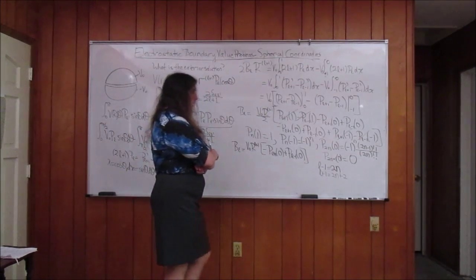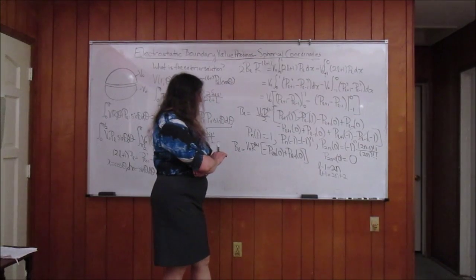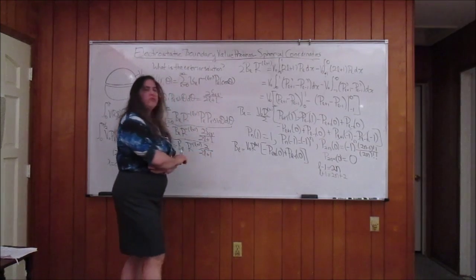So let's say I let L minus 1 equal 2n, and L plus 1 equal 2n plus 2. After all, they're just dummy indices.